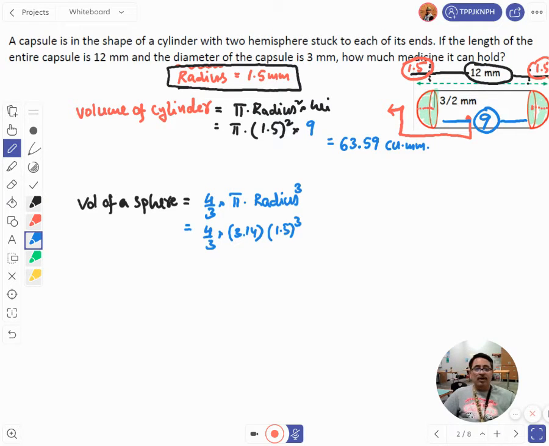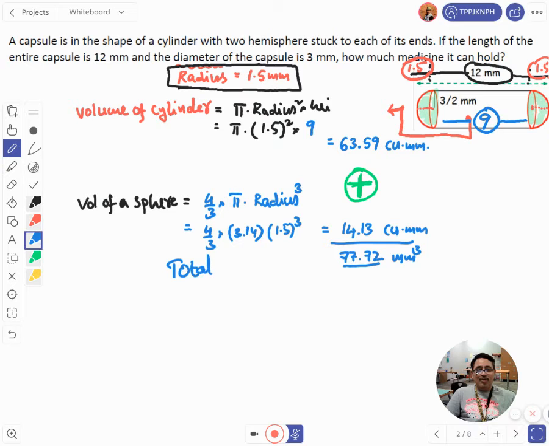The result is 14.13 cubic millimeters. In my previous sessions also I mentioned that when you sum up, you'll get the total volume. Therefore this is to be added to 63.59. That is giving me 77.72 cubic millimeters. That's the total volume.